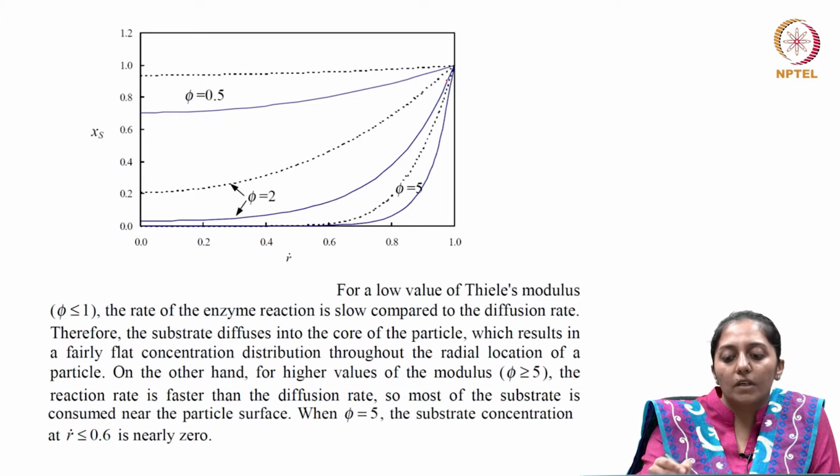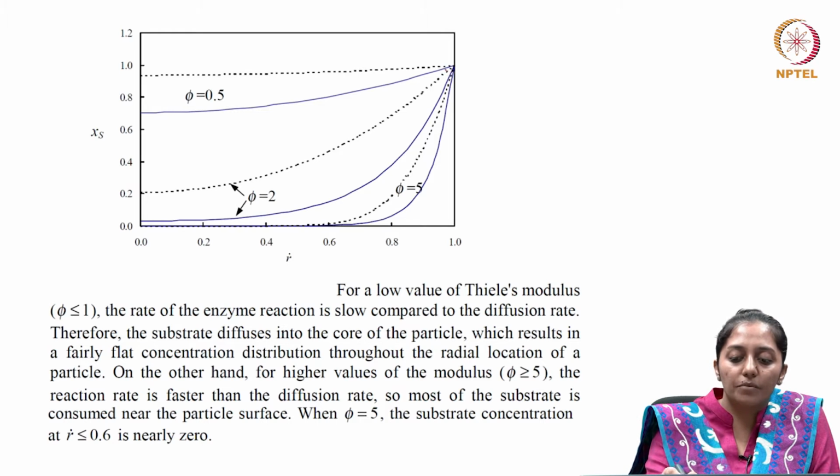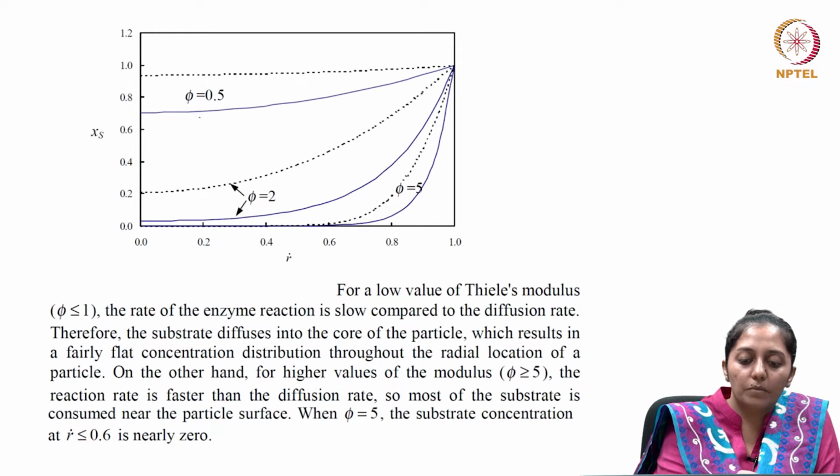If the Thiele modulus is very low, effectively meaning that the rate of enzymatic reaction is slow compared to the diffusion rate, then the substrate would diffuse into the core of the particle, which will result in a fairly flat distribution as shown here by the blue line.